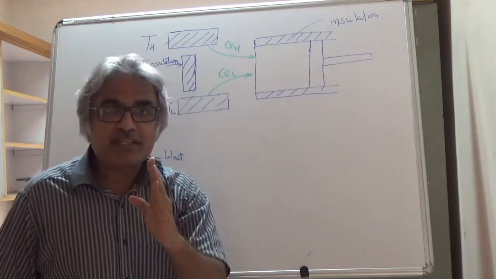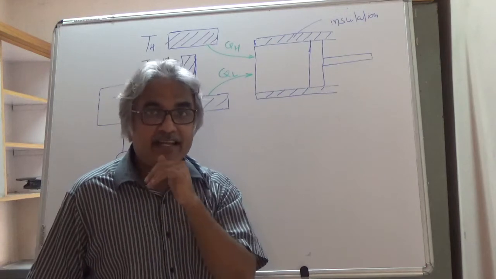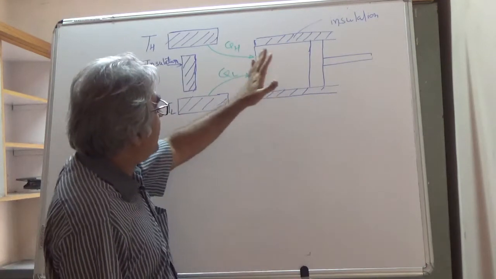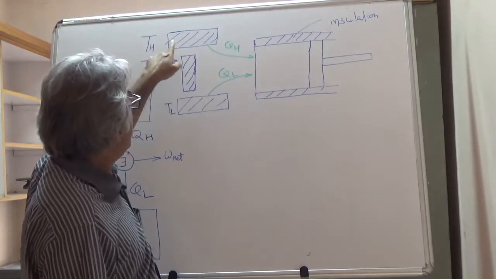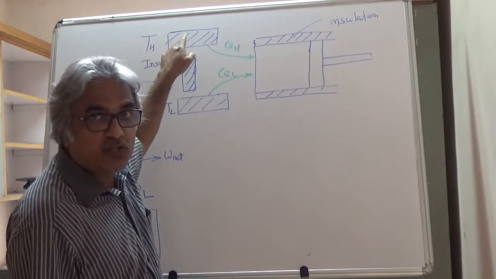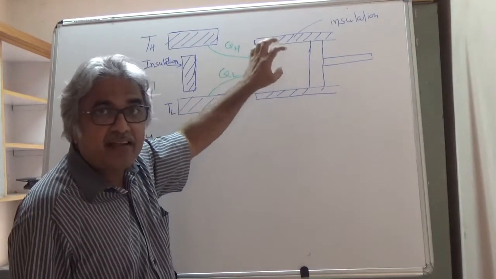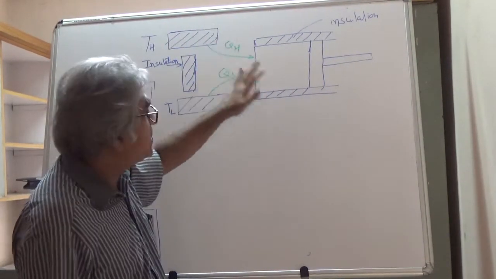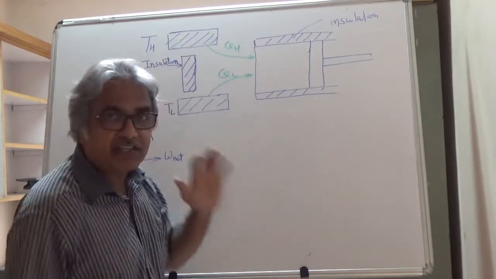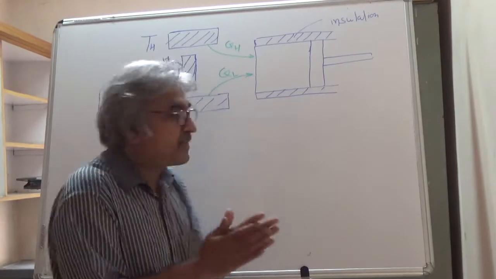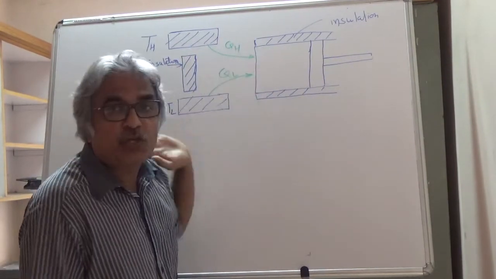So the first process is heat addition, which has to be reversible heat addition. So we imagine that from the top side, heat is transferred, let's say, and this is the TH body, the source body, that is brought in contact with the fluid inside. And obviously it's a reversible heat transfer. The temperature of the fluid inside would be close to TH. So it's an infinitesimal temperature difference, and the amount of heat transferred is QH.